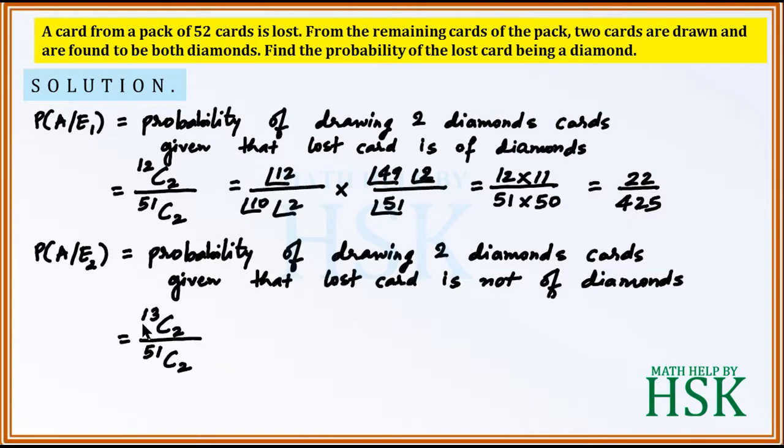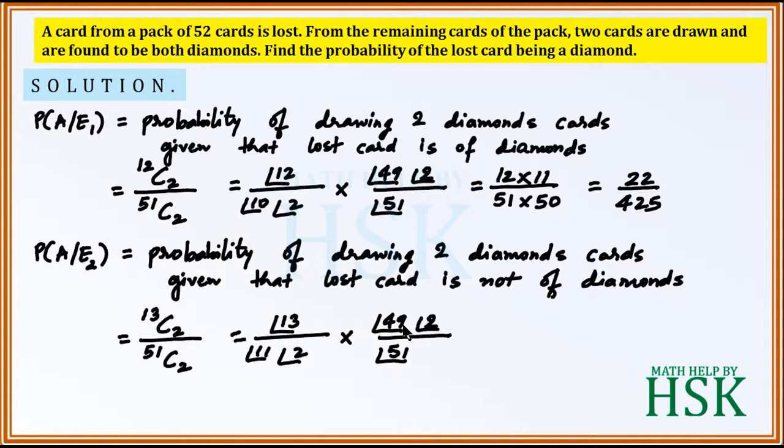Because in this case the lost card is not a diamond, we have 13 diamond cards, and from the 13 cards we select 2 cards. So this would be equal to 13 factorial upon 11 factorial into 2 factorial, into 49 factorial into 2 factorial upon 51 factorial.